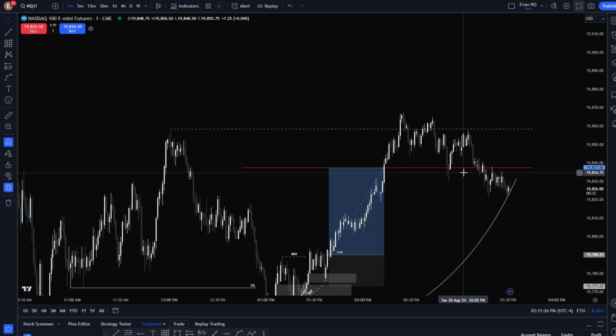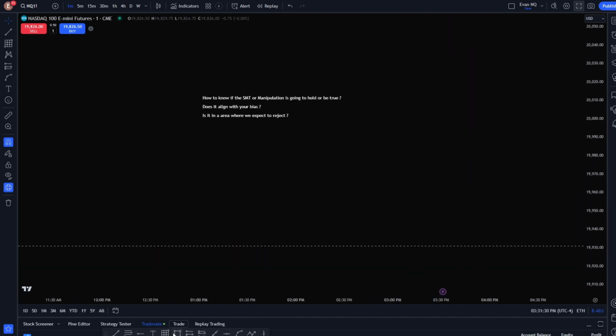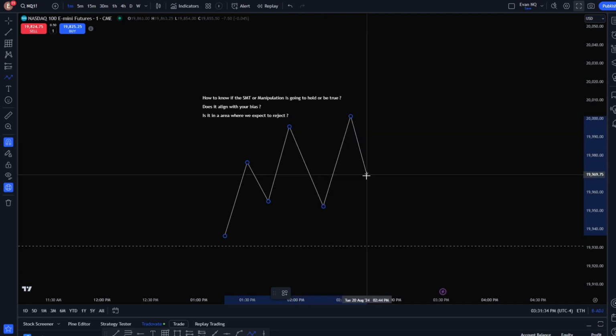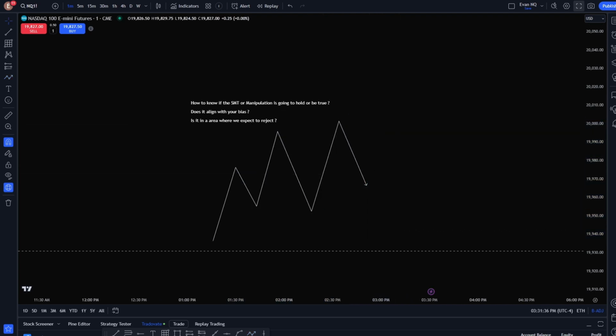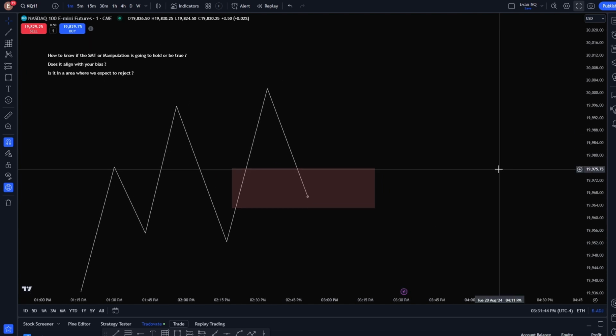What do I mean by that? What I mean by that is, are we in a fair value gap? Are we in an order block? Are we in a breaker block? Anything, right? An area where we expect to reject and go higher.